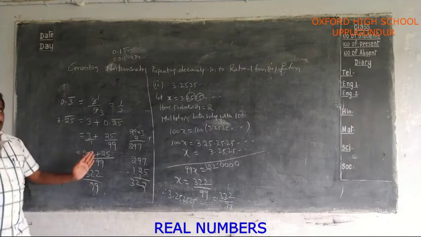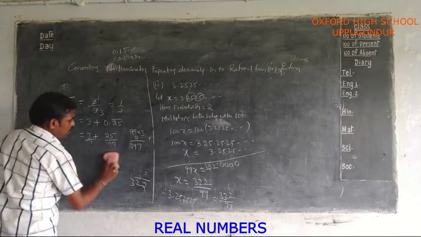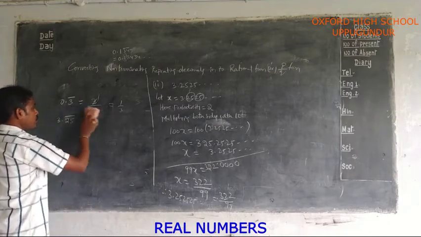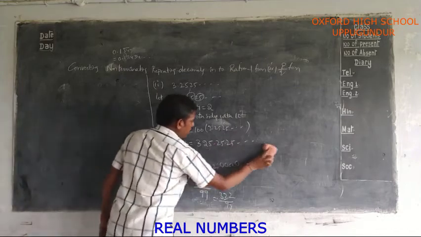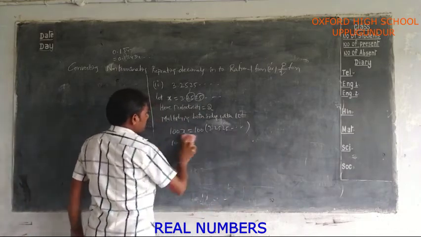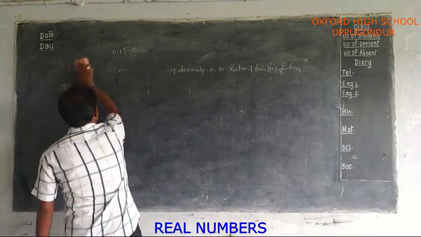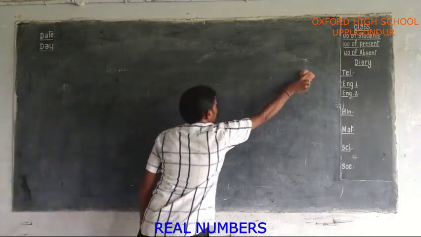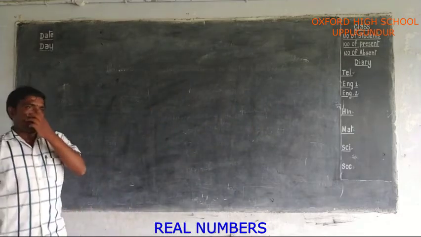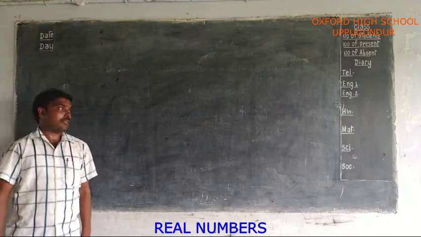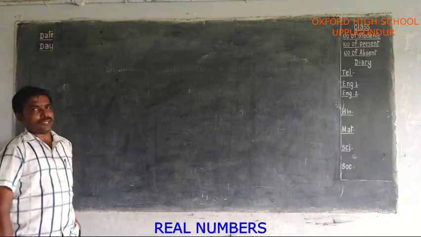So up to now, what concepts did you learn? The definition of a rational number, and in what way you write decimal forms of a rational number. We can express any rational number in 2 types of decimals: one is terminating decimal, the other one is non-terminating repeating decimal.